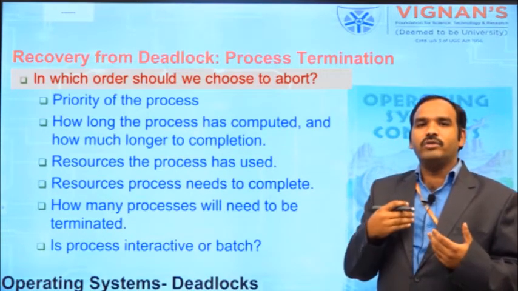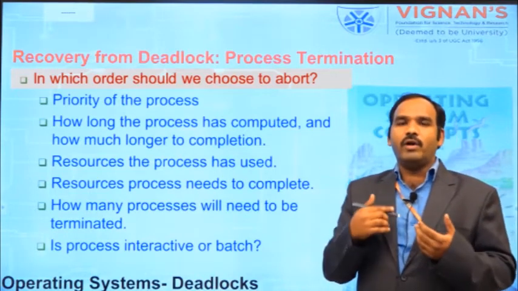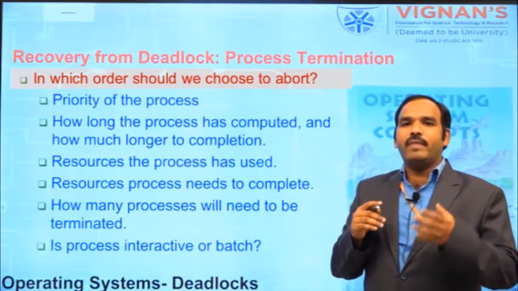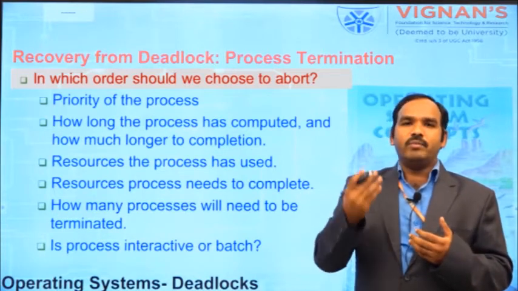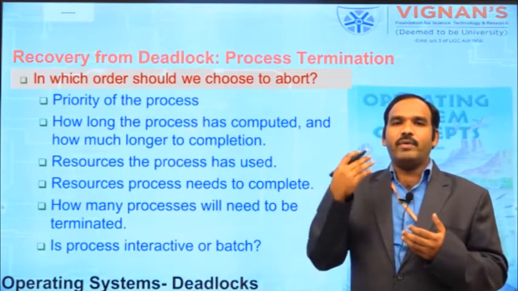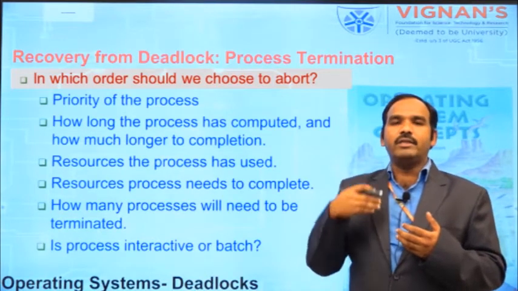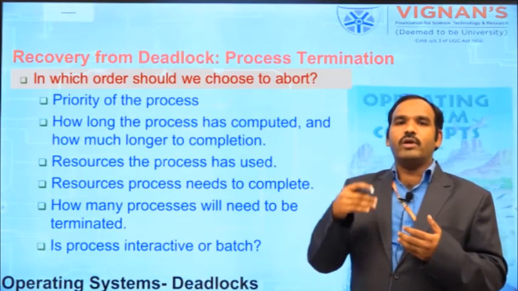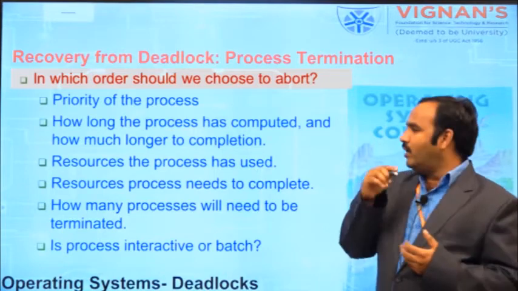If the process is using more resources, that is also a strategy to abort it, because aborting it will return many resources. Then the operating system will reclaim all released resources and allocate them to the processes in the deadlock, and we can eliminate the deadlock cycle.